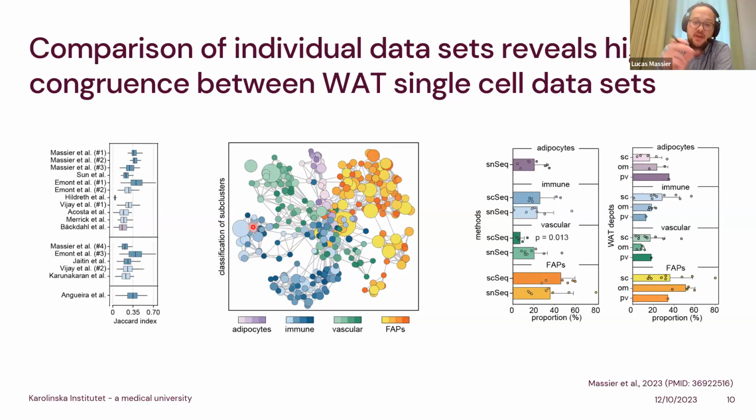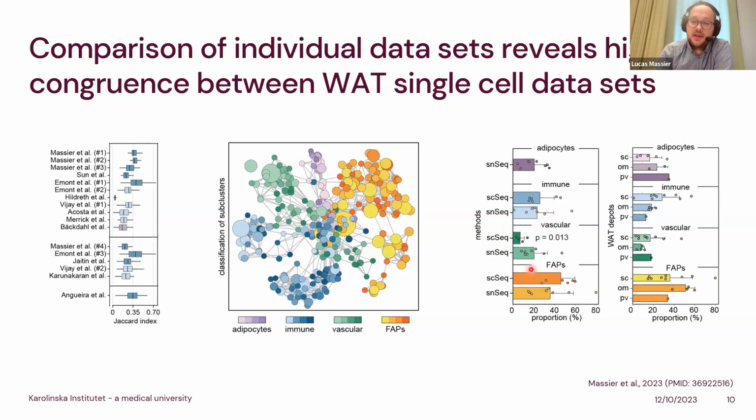And we see that just by comparing the marker genes, these clusters segregate quite nicely into groups of myeloid and lymphoid cells here in blue, endothelial cells in green, adipocytes in purple, and the fibroblasts and mesothelial cells in orange. So that tells us that the data sets are quite similar, and we thought that the integration would be feasible.